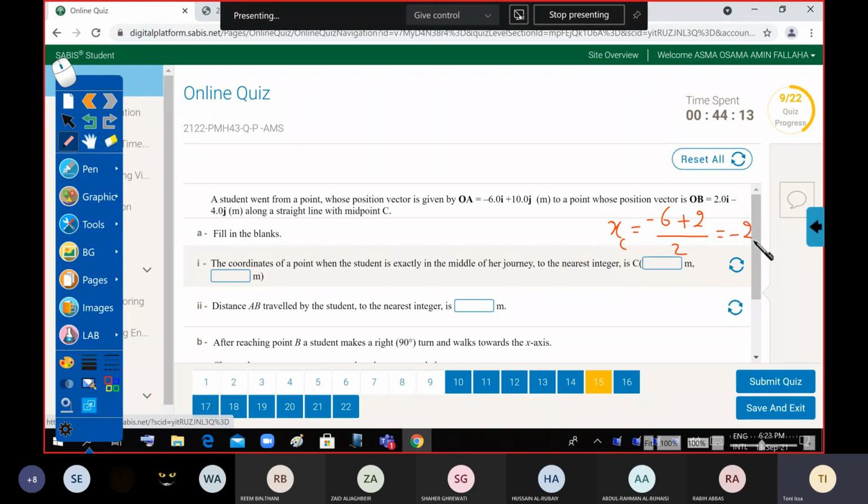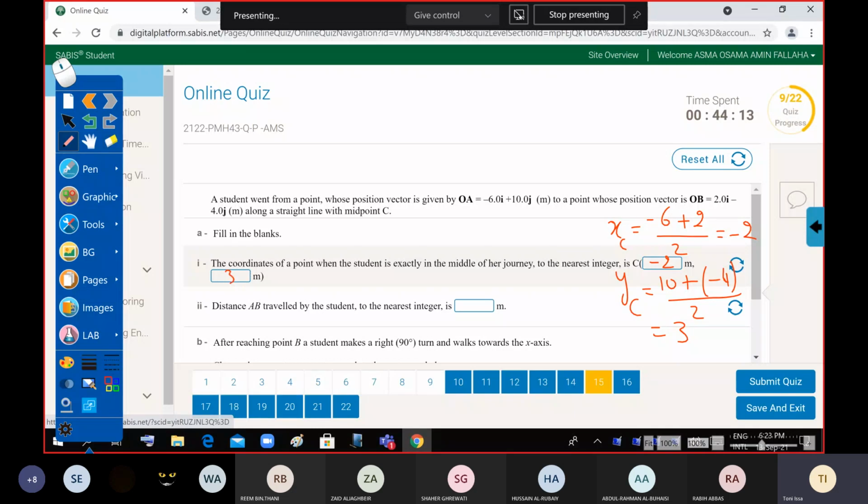So you will get minus 2. Y of c will be y of a, which is 10, plus y of b, which is minus 4, over 2. Okay, and then you get 3. 10 minus 4 is 6, over 2, you get 3. So the answer will be minus 2 here, and 3 here.